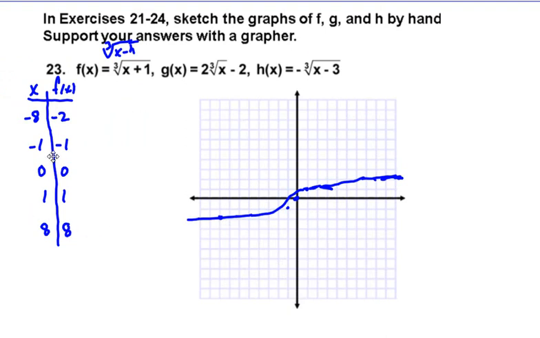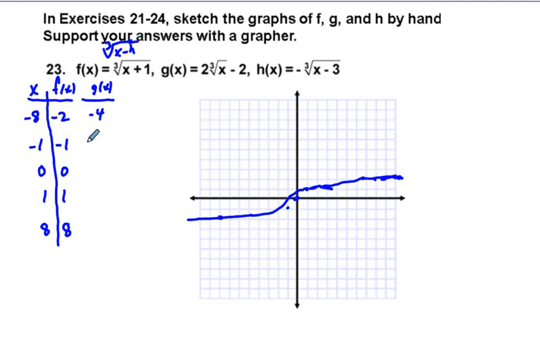Next, let's go to g, which is 2 times the cube root of x minus 2, minus 2. And what I'm going to do here is add another column for g of x, and I'm just going to multiply by a factor of 2, and that's going to take this negative 2 to be negative 4.